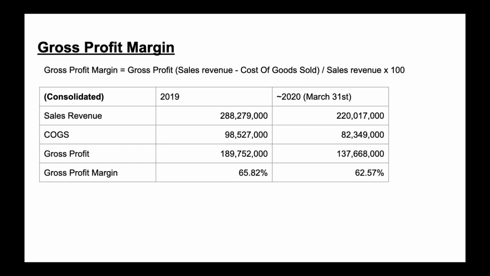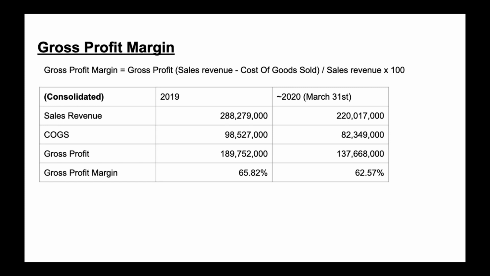Gross profit margin for After you can be found by gross profit divided by sales revenue times 100. So I've taken the samples from 2019 and 2020 After you income statement, which states the sales revenue and the cost of goods sold, which I take the sales revenue minus cost of goods sold to get gross profit, and then I divide it by sales revenue and times 100 again to get the gross profit margin percentage.